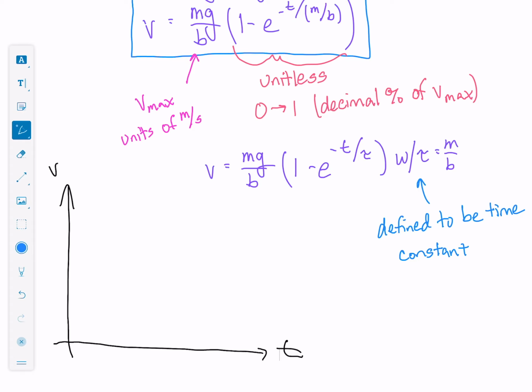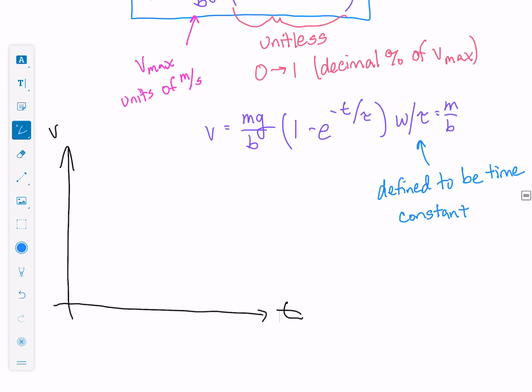then I want to figure out what maybe is the time when t is 2 seconds. I'm making numbers up. If t is 2 seconds and m over b is 2 seconds, then we have the situation where t is equal to m over b.